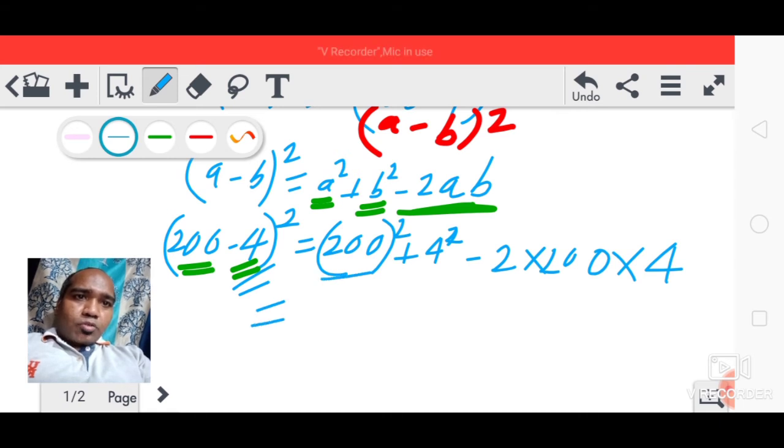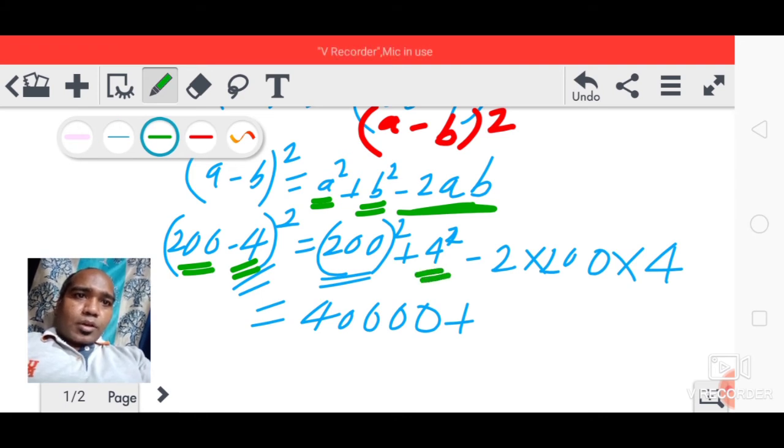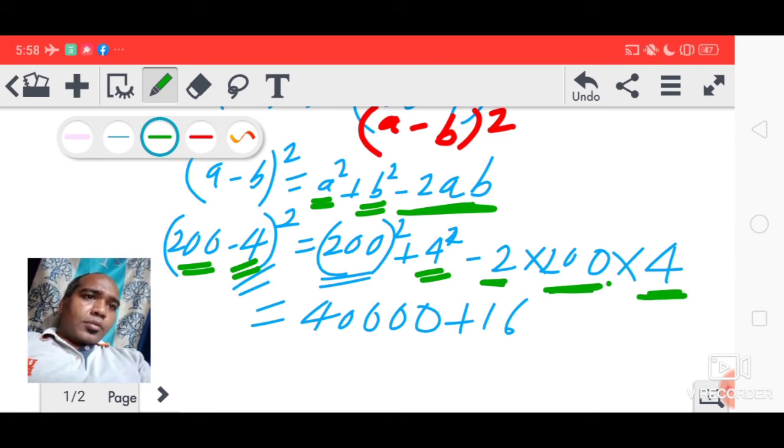So 200 square, how much will we get? 2 2s are 4, and 20 square means we'll get 40,000. Then plus 4 square, how much will we get? 4 square means 16, so we'll write here 16. Then minus 2 into 200 is 400, and 400 into 4 will get 1600.